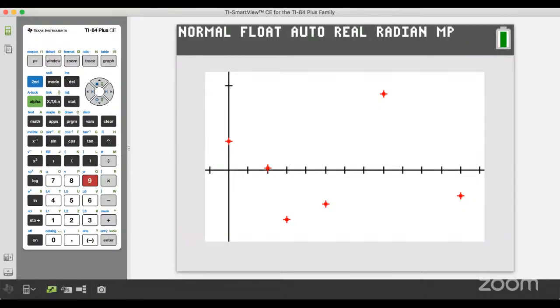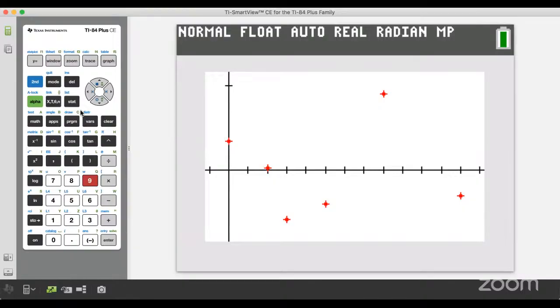Hey, Tom. One thing that's kind of handy about this, just like on the Inspire, you actually do have that list of residuals available to you. Once you've run a regression, once you've actually computed a regression output, the 84 calculates those residuals and stores them in a named list called list resid, or L resid.